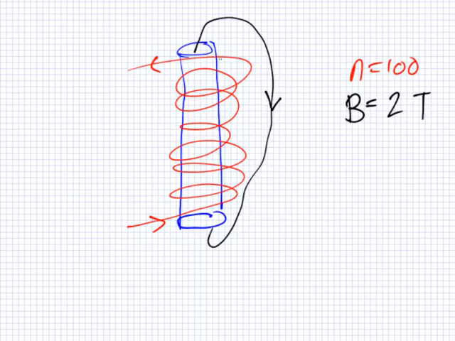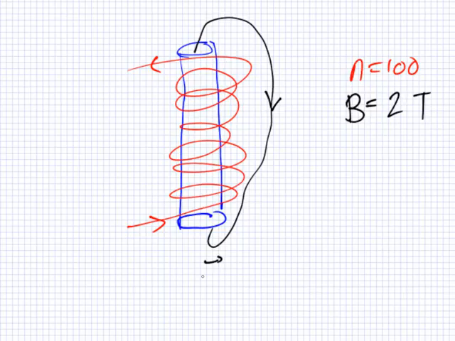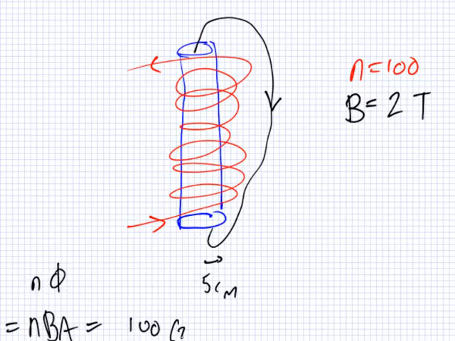Anyways, there's a magnetic field going through this here. Oh yeah, and there's 5 centimeters here. What is the total flux linkage? Well, that's NBA, which would be 100 times 2, and the area. Now, what's the area here? What shape is it?